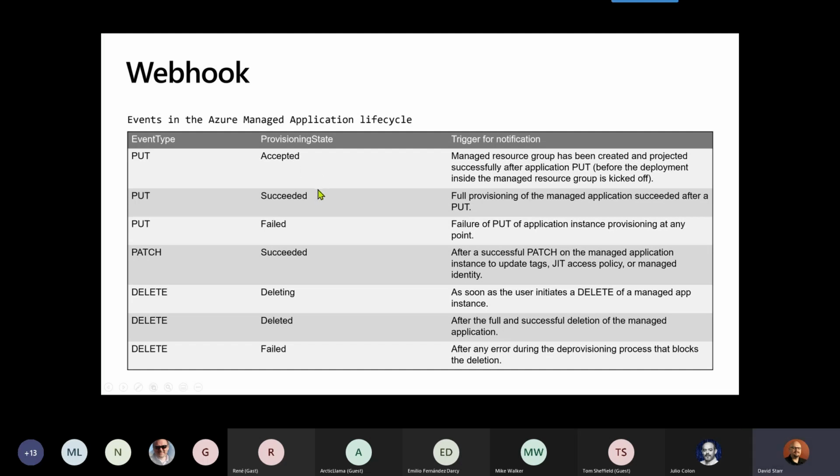All right, so we talked about succeeded, we talked about failed. Accepted is going to fire first. It fires before anything else happens with the managed deployment or the Azure Managed Application deployment. And then we'll get a succeeded or failed.